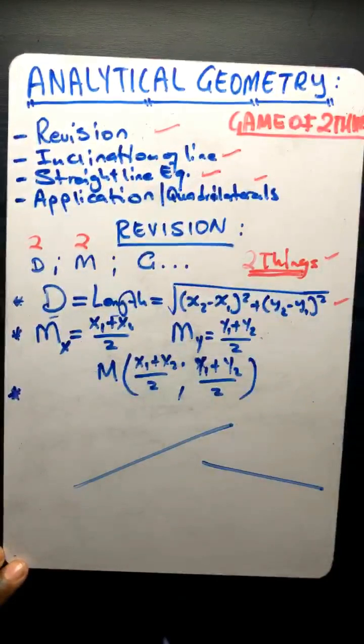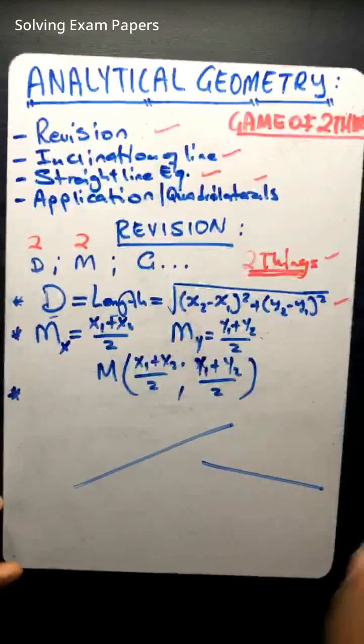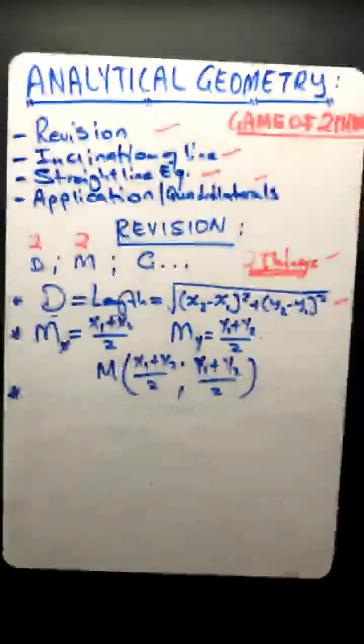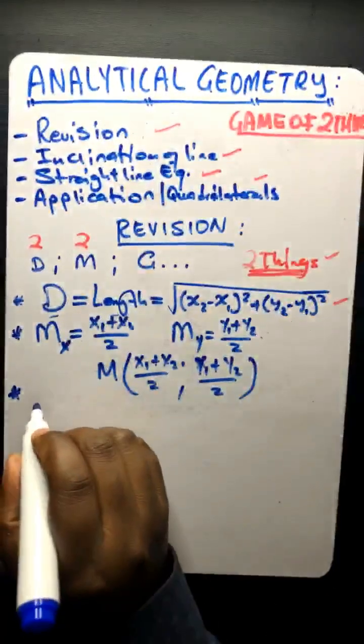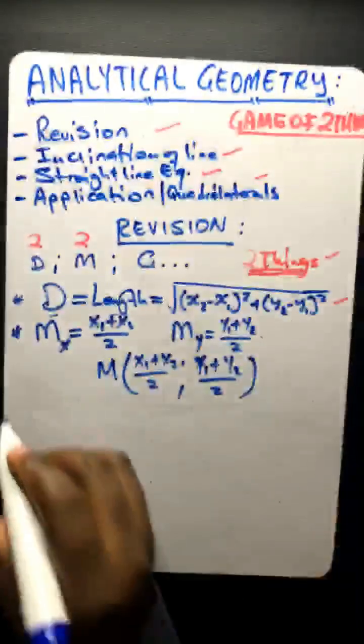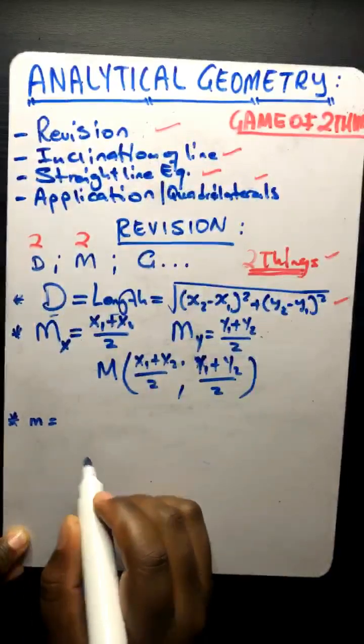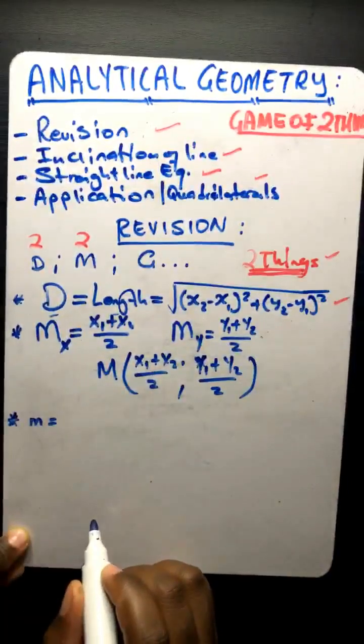But most importantly, remember, analytical geometry is a game of 2 things. A game of 2 things. Okay, so very quickly, let's have a look at the formula of the gradient. So also the gradient formula is represented by small letter m, capital letter M being for the midpoint.